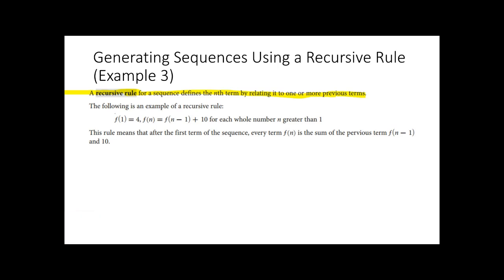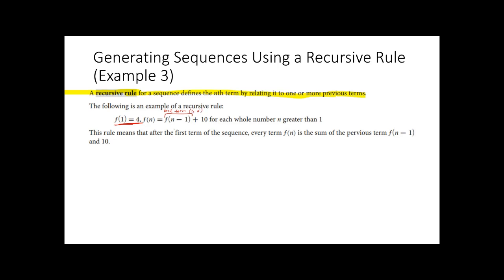All right. In this situation, we're given f of 1 is 4. That means that's our first term, 4. Now, f of n minus 1 really just means the last term that we had. In this case, it is 4.